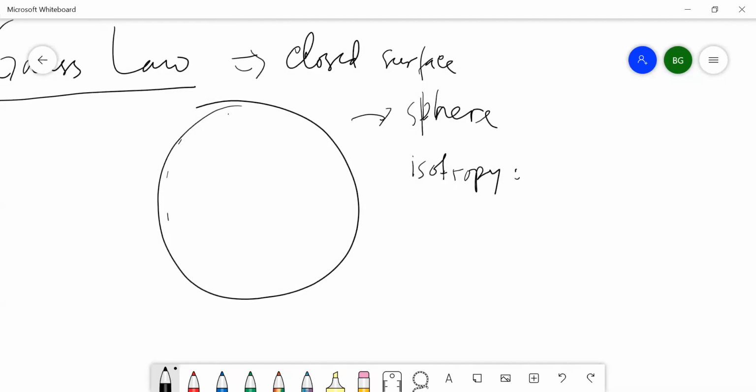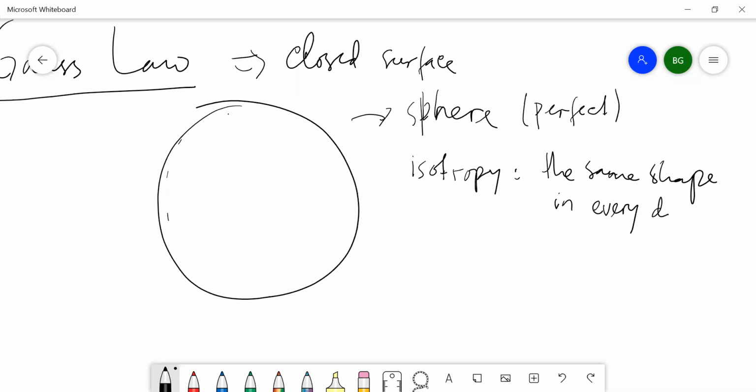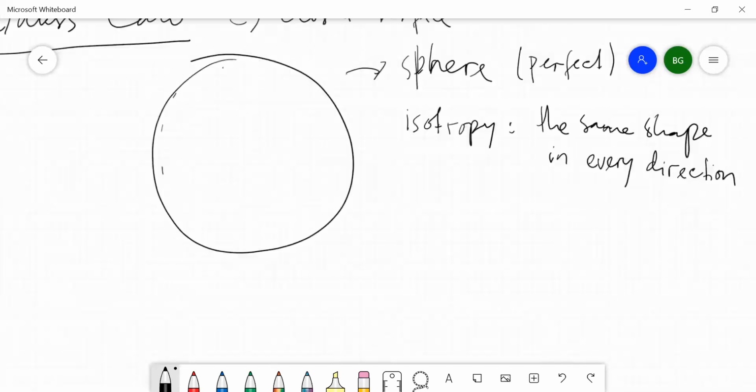We can say this is a perfect sphere. If you see a sphere from everywhere, it's still a sphere. That is what isotropy means.